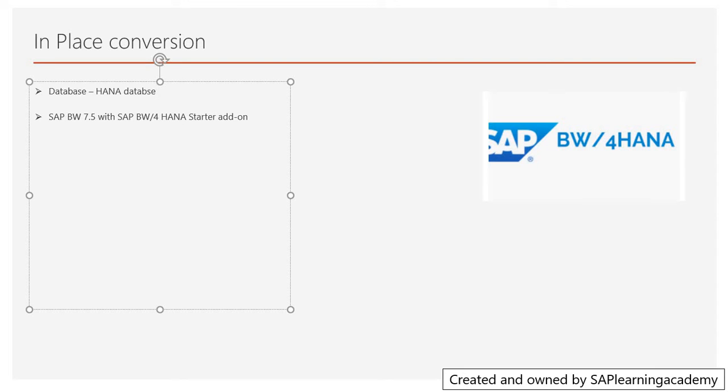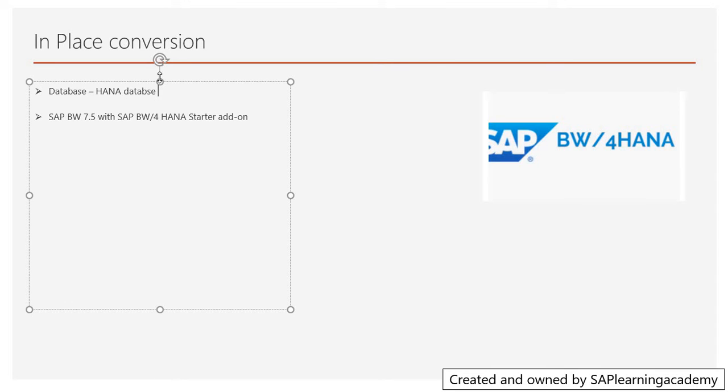And most importantly, your BW version has to be 7.5, because it does not work for the earlier versions of 7.4 or before. And the SAP BW4HANA starter add-on should also be added. Otherwise the transfer tool doesn't work.